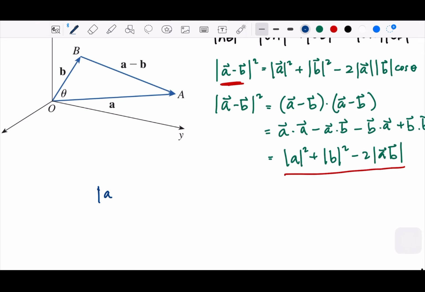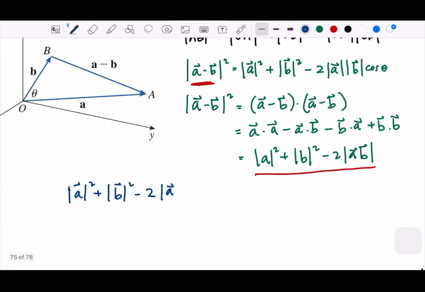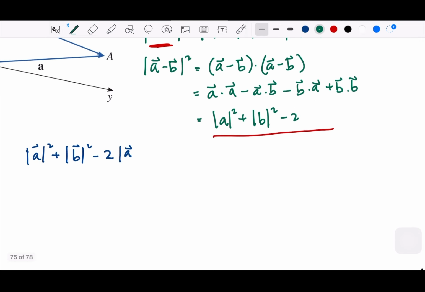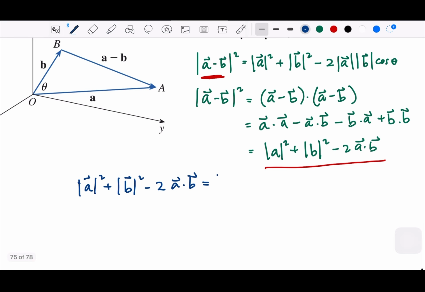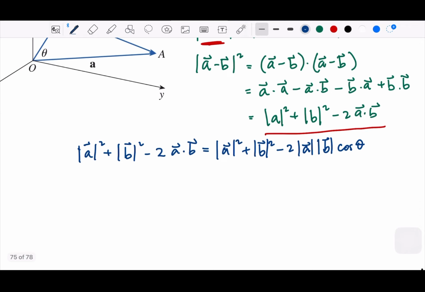So a squared plus b squared minus 2ab, and then this will be a dot b, equal to a squared plus b squared minus 2ab.